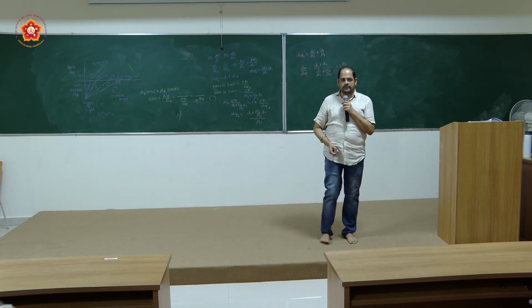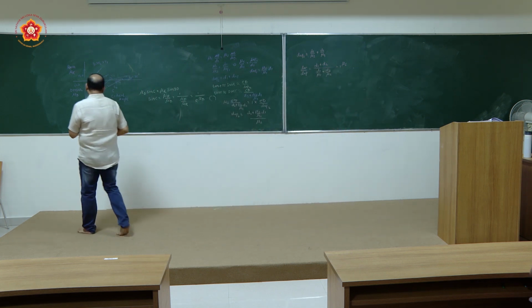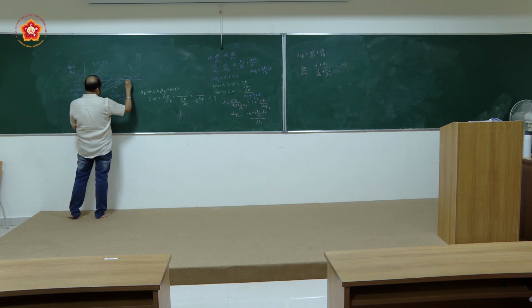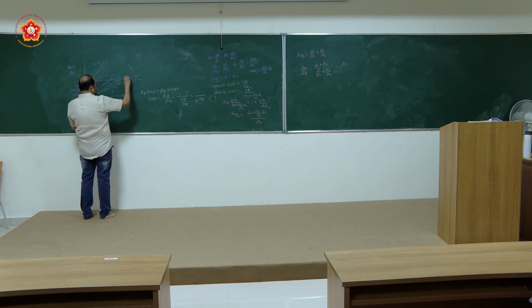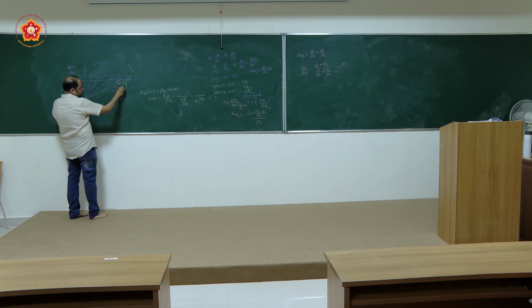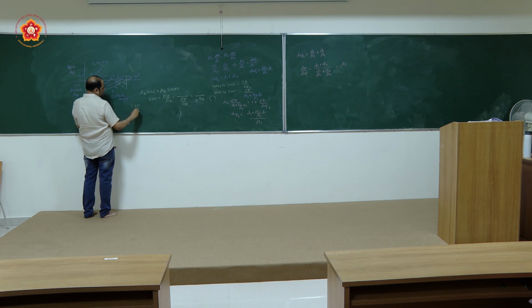Okay? Now, suppose you have light incident with an angle greater than the critical angle. So I now have a light traveling along this direction and hitting the surface here. In this case, is your angle of incidence greater than C? This angle of incidence I, is it greater than the critical angle C? So you have I greater than C, then you will find that there will be no refraction.